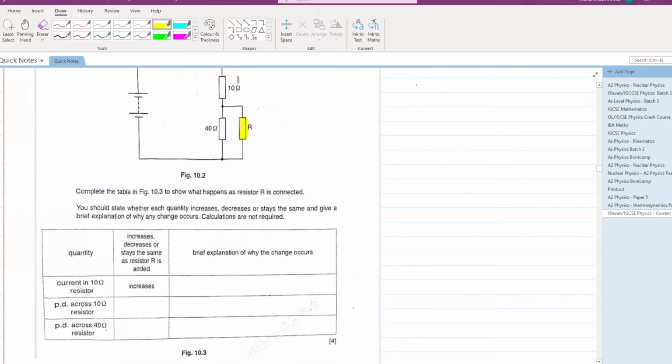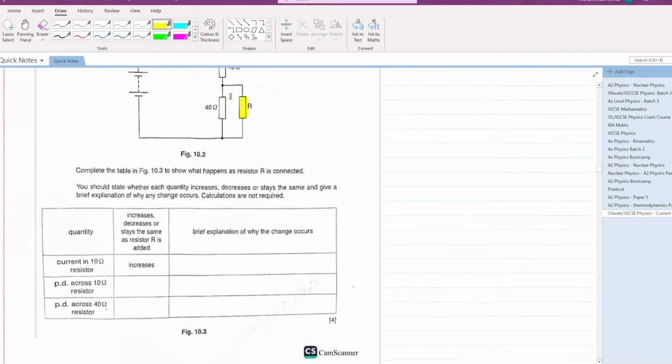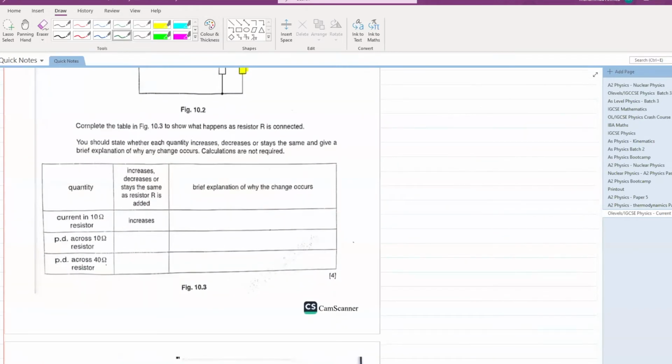The current in the 10 ohm resistance would increase. Why? Because the total resistance of the circuit decreases. Simple.